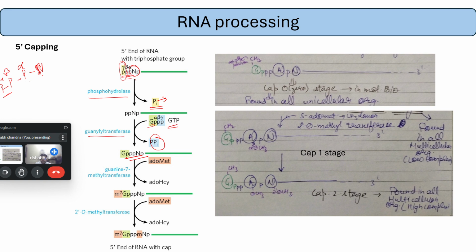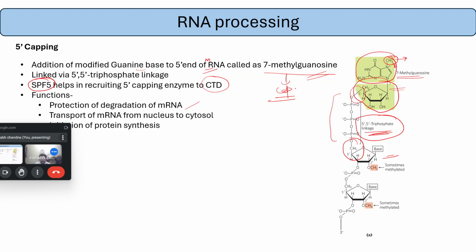So this guanylyl transferase is the main enzyme because it forms the structure of the cap that has a peculiar 5 prime phosphate linkage like this. So it forms a linkage between these two phosphates.